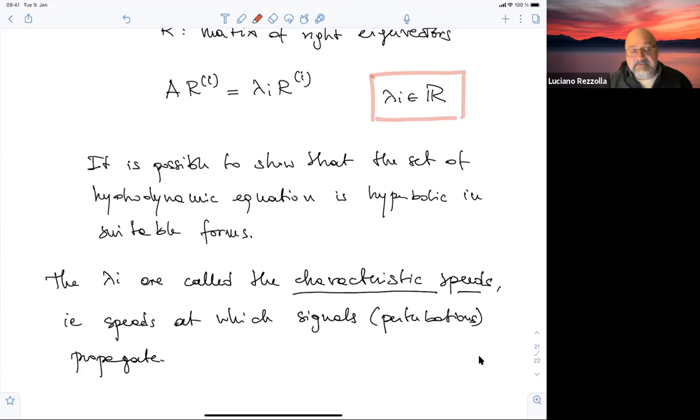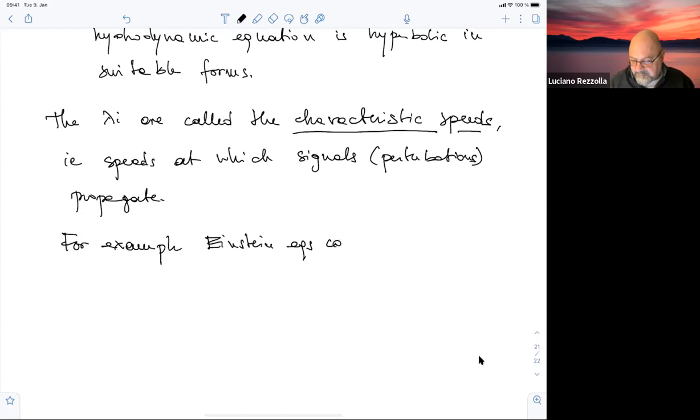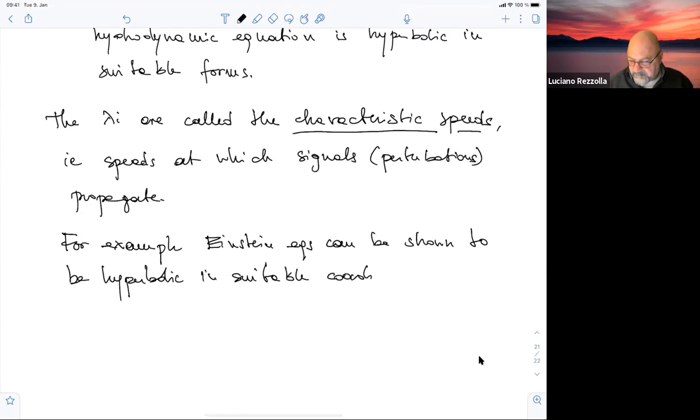So the Einstein equations are one of these systems, and you can show that the Einstein equations are hyperbolic in particular coordinates. For example, Einstein equations can be shown to be hyperbolic in a suitable coordinate system.